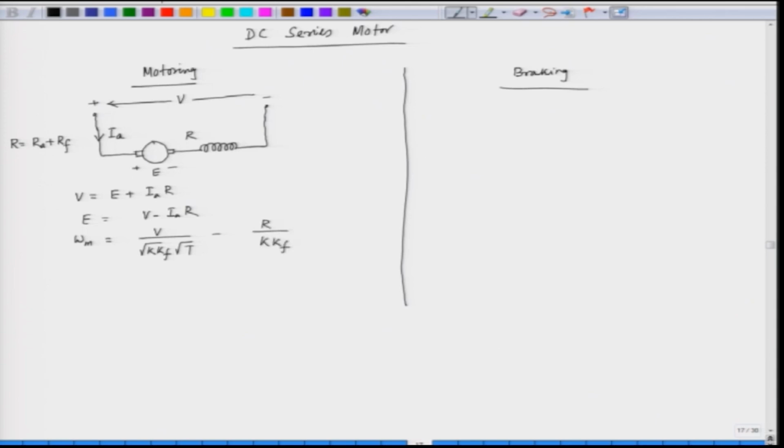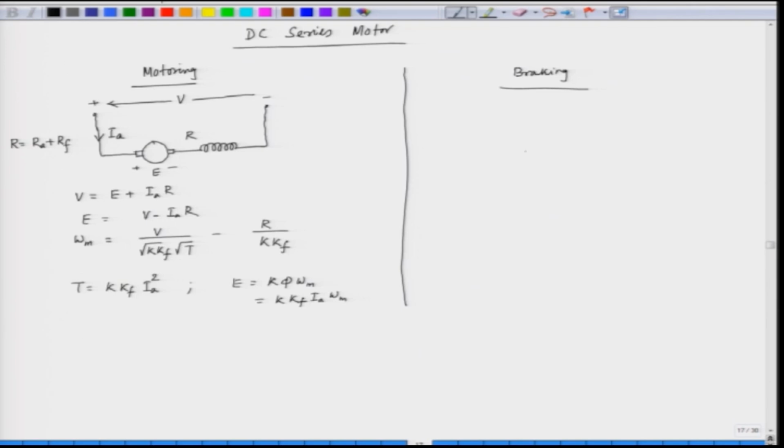Here the torque equation is T is equal to k k f I a square, torque is proportional to the square of the current, and the back EMF E is equal to k phi omega m, that is equal to k k f I a into omega m. So, this is the motoring of a series motor.